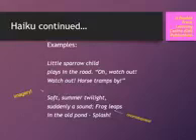And in the first stanza, look at it. Little sparrow child. How many syllables? 5. Second line: plays in the road. Oh, watch out. How many syllables? 7.